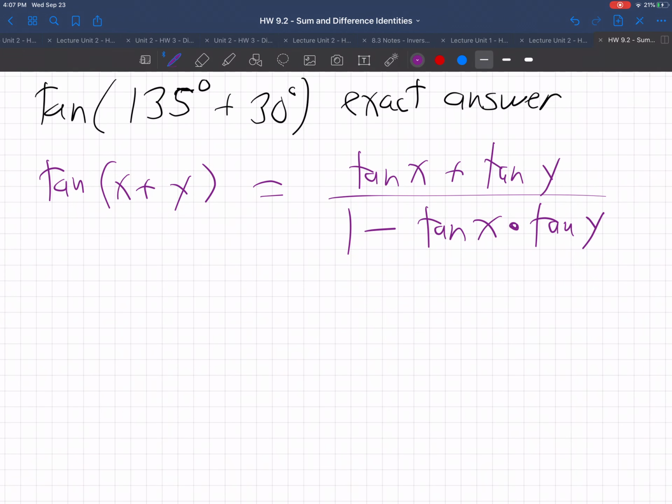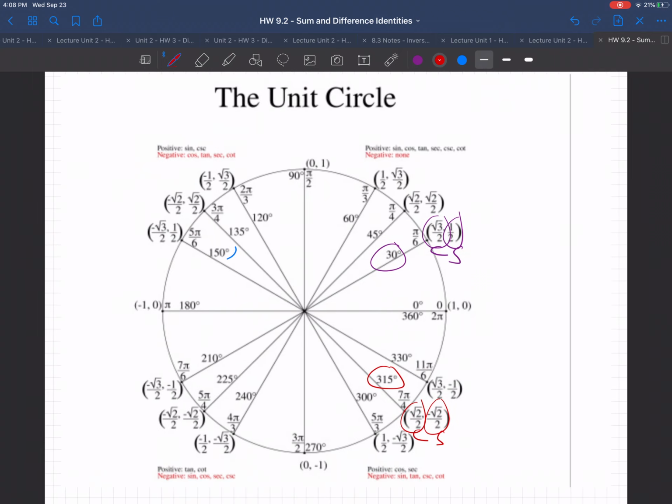And our x is 135 and our y is 30, so this is 135 here, 135 here, and the y is 30. Okay, so now we just need to go find those pieces. So first off, tangent of 135, let's go to the unit circle. 135, let me erase the other stuff that was here.